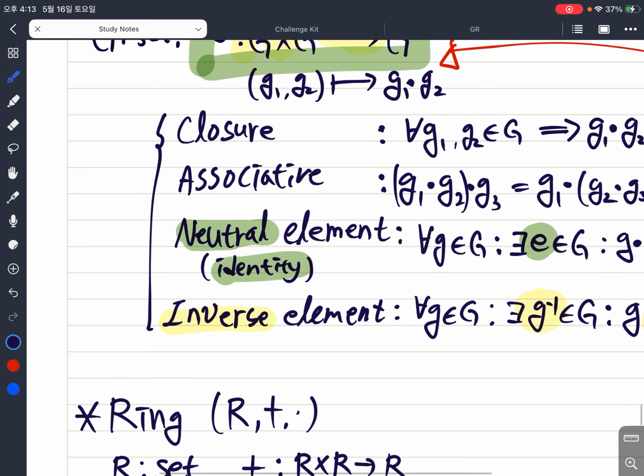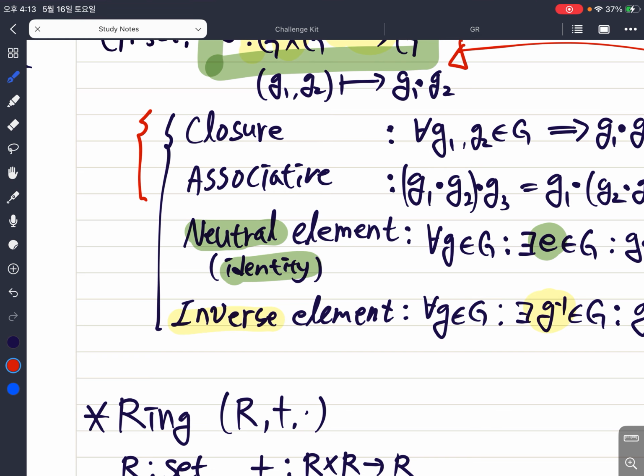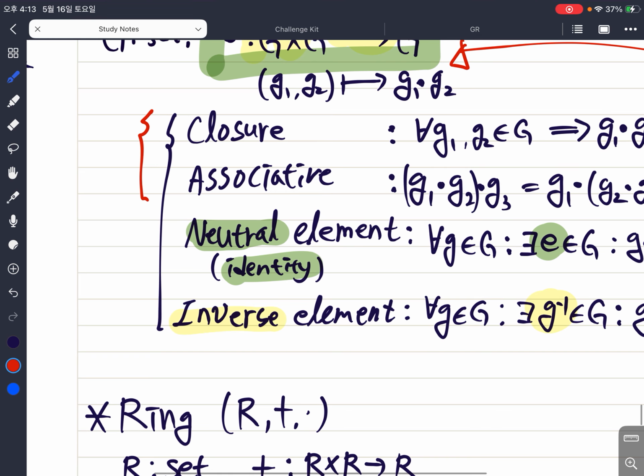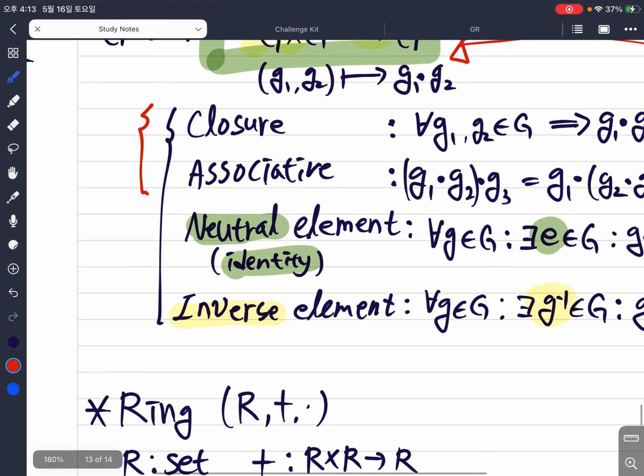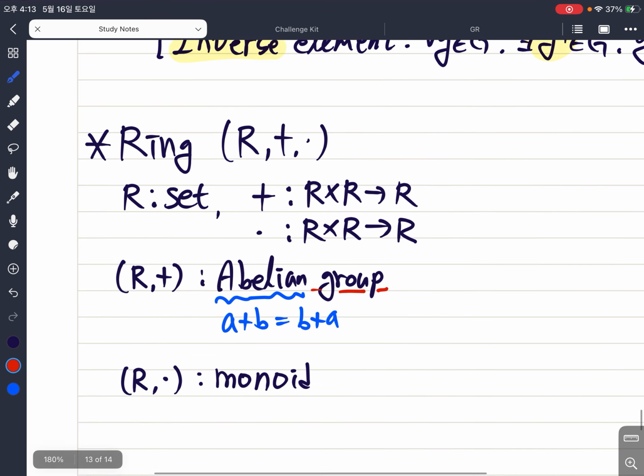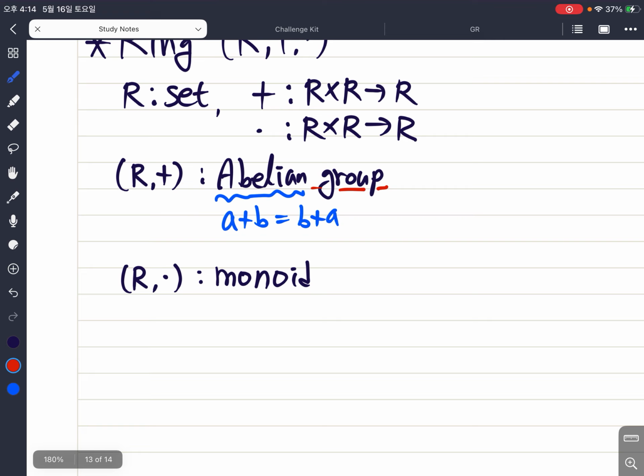If you choose only closure and associativity, nothing else, it may not have an inverse, it may not have a neutral element. What you force is only that the operation satisfies the associative law. This is what we call a monoid.